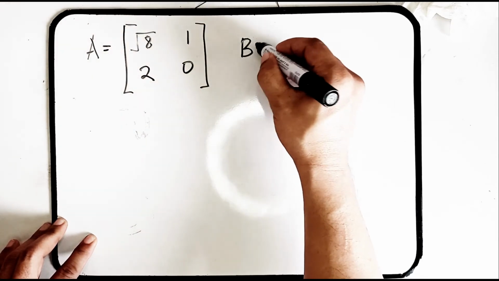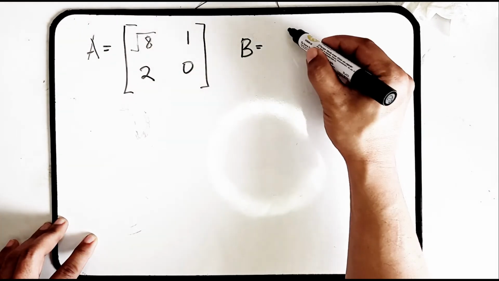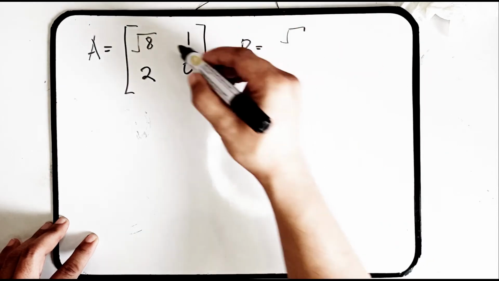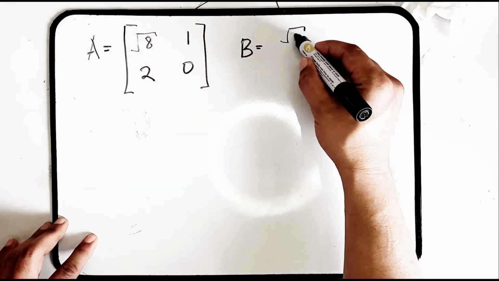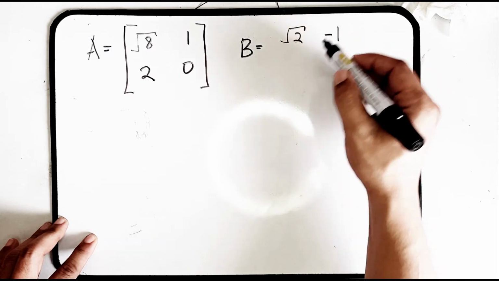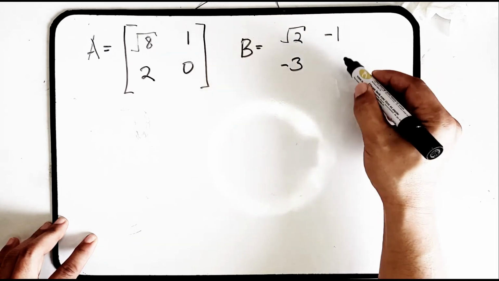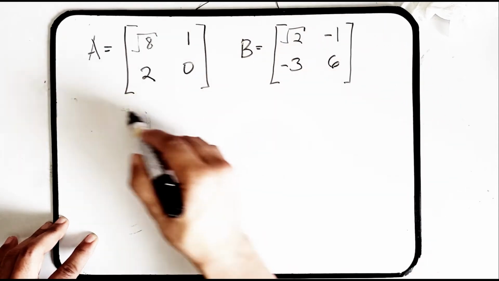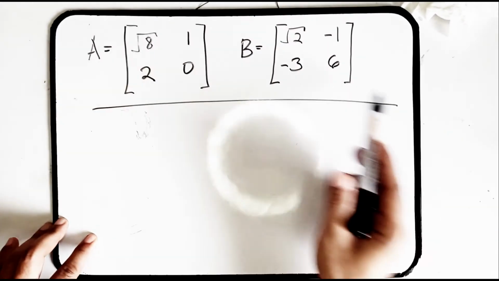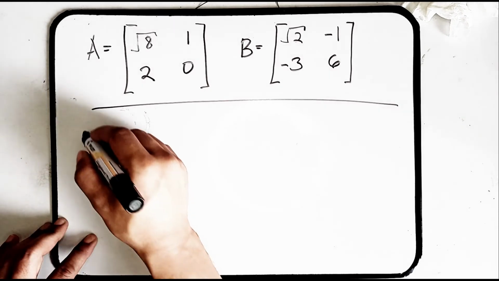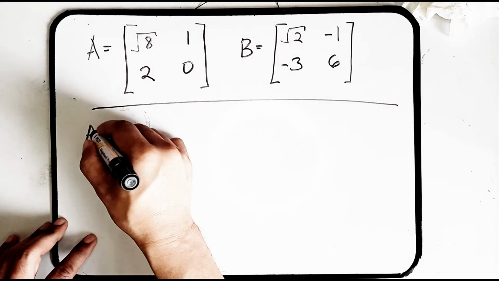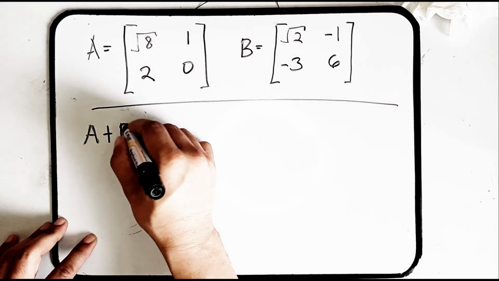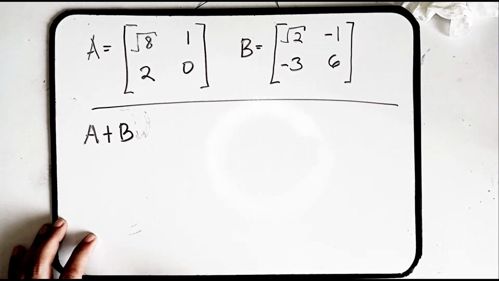Then for b, let's say we have here the square root of 2, negative 1, negative 3, and then 6. So considering this given, let's try solving a plus b.